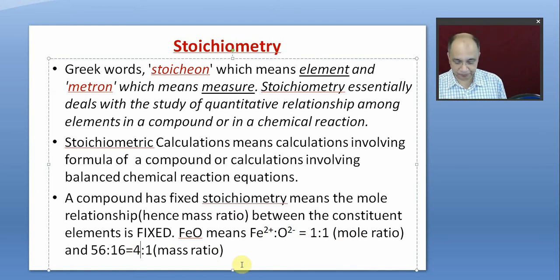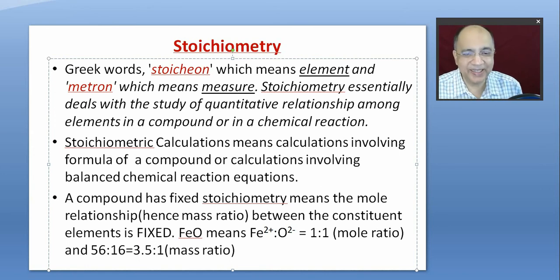Now, for example, ferrous oxide, the mole ratio is 1:1, but the mass ratio is 3.5:1. So this 3.5:1 that has been determined experimentally in the earlier times, in 18th century, while the laws of chemical combination were being discovered.